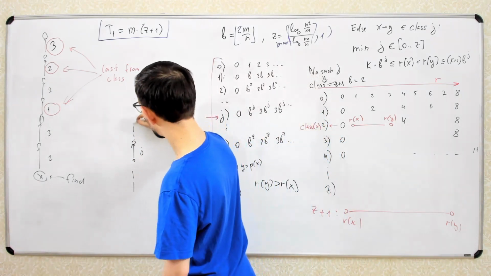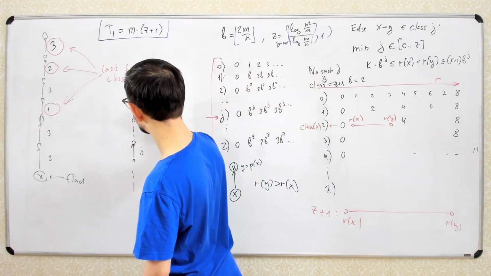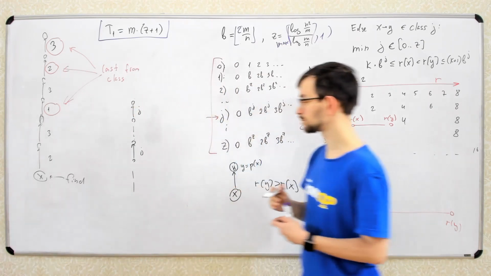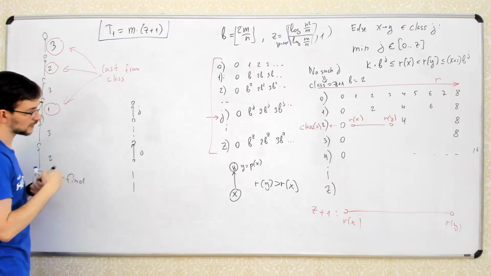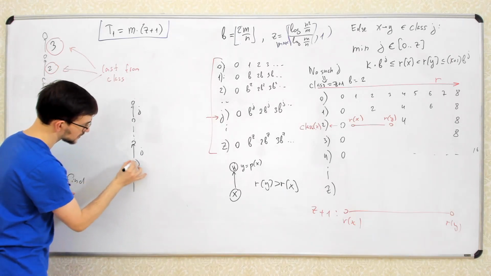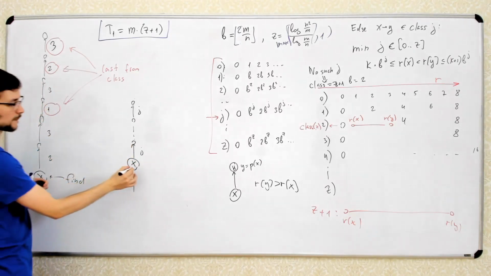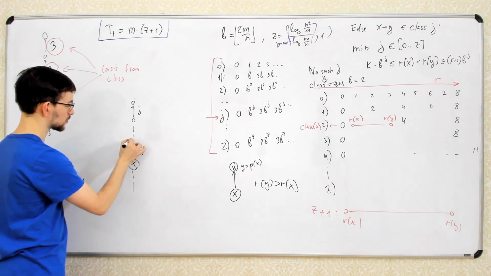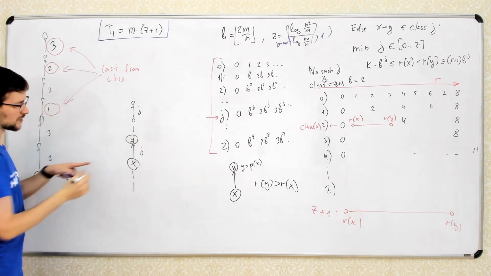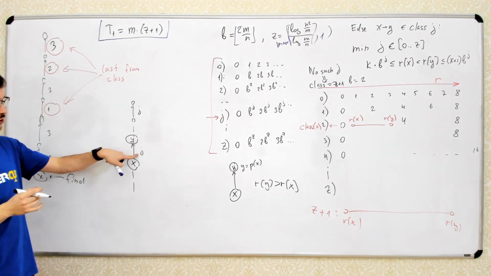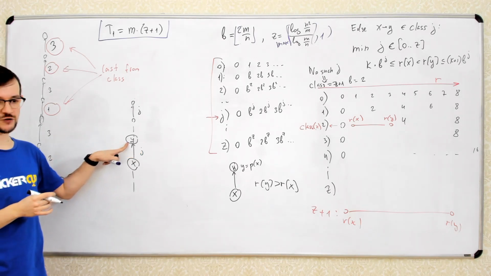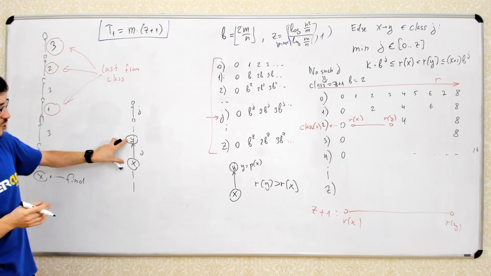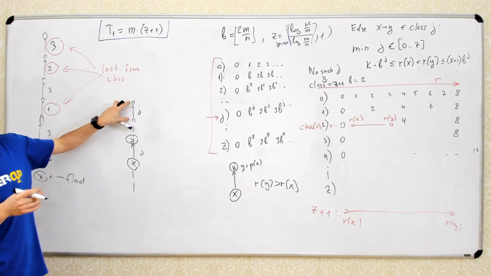So at some point we have another edge from class J. And here we have vertex X. Here we have vertex Y. So this edge from X to Y belongs to class J, and this is not the last edge from this class. So we have this edge from class J and here another edge from class J.